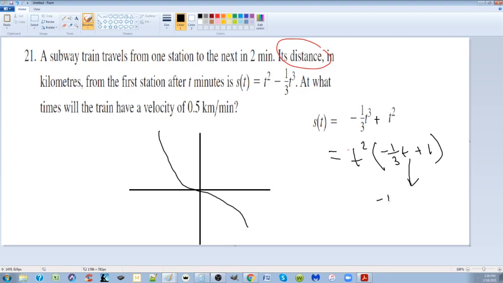So that would be minus a third t plus 1 equals 0, which means minus a third t is equal to minus 1, which means t is 4.